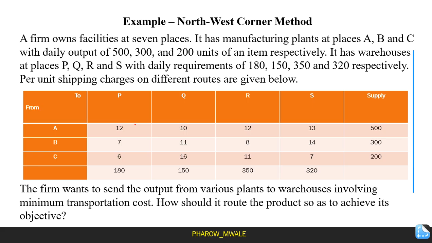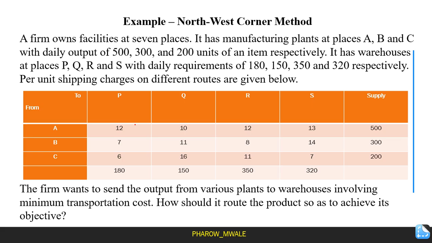We have 500 units from plant A, let's call them plants. We have 300 units being produced at plant B, and then we have 200 units being produced at plant C.